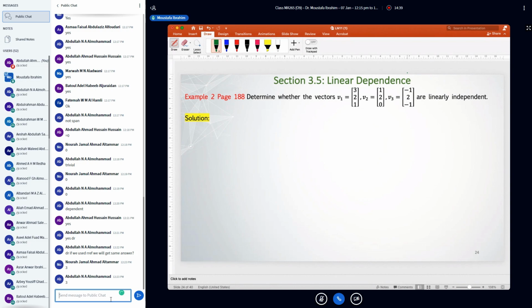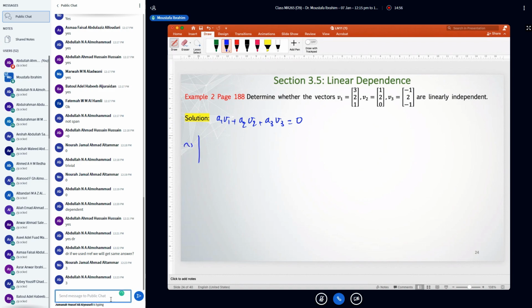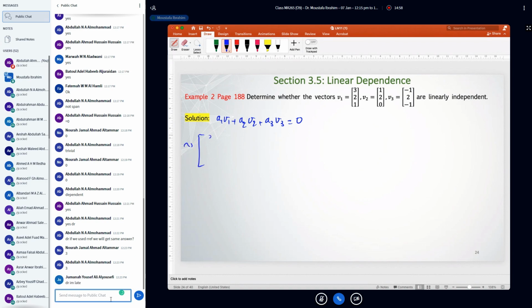We write A1 v1 plus A2 v2 plus A3 v3 equals 0. Now, what's the augmented matrix? 3, 2, 1, 1, 2, 0, -1, 2, -1, and here all 0.